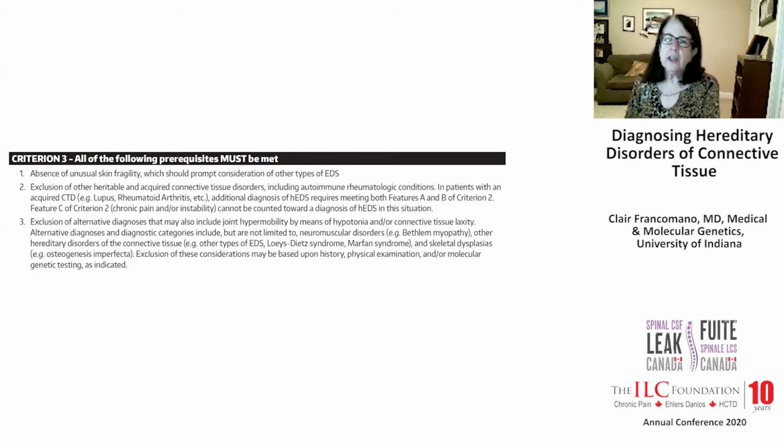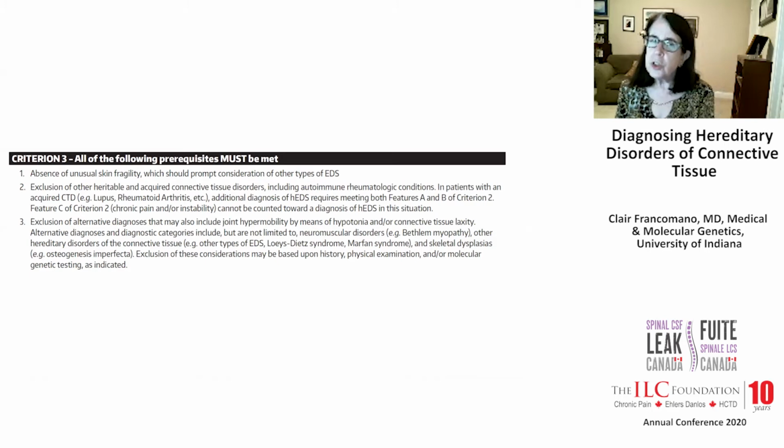And finally, in criteria 3, we're basically saying we have to do our due diligence to be sure that we've considered fully a differential diagnosis and we've excluded all other possible explanations for the person's phenotype that we're seeing in front of us. So we want to make sure they don't have unusual skin fragility, which should prompt consideration of other types of Ehlers-Danlos syndrome.